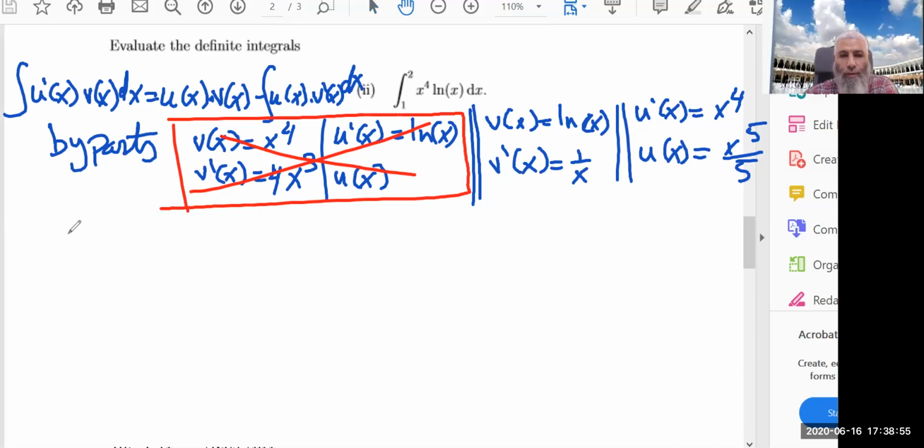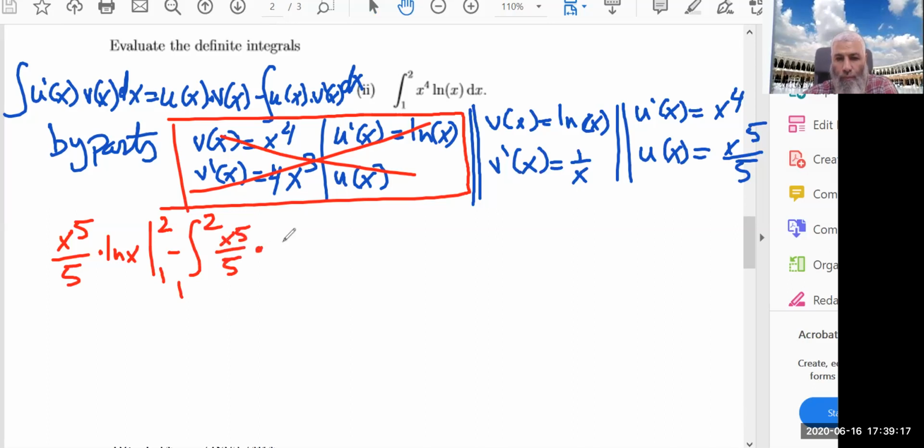So now the integration is u of x, which is x power 5 over 5, multiply v of x, which is ln x, from 1 to 2, minus integration from 1 to 2 of x power 5 over 5 multiply 1 over x dx. So x power 5 over 5 will be 1 over 5.